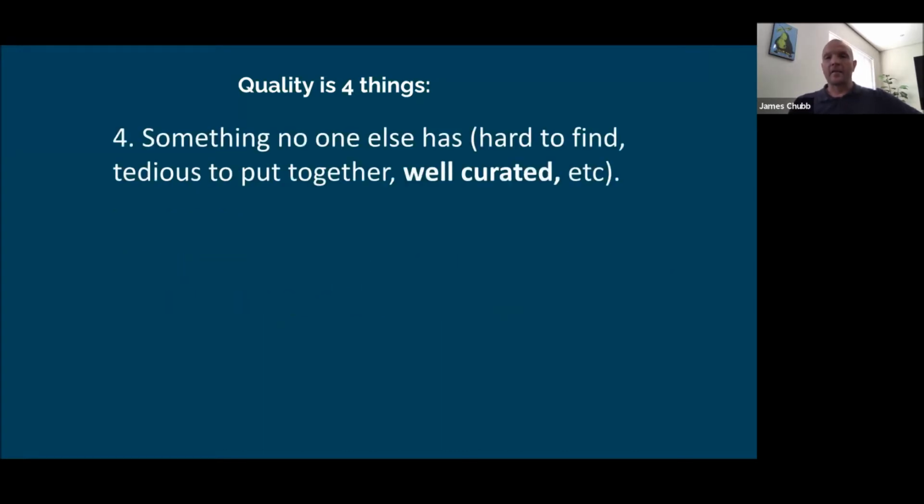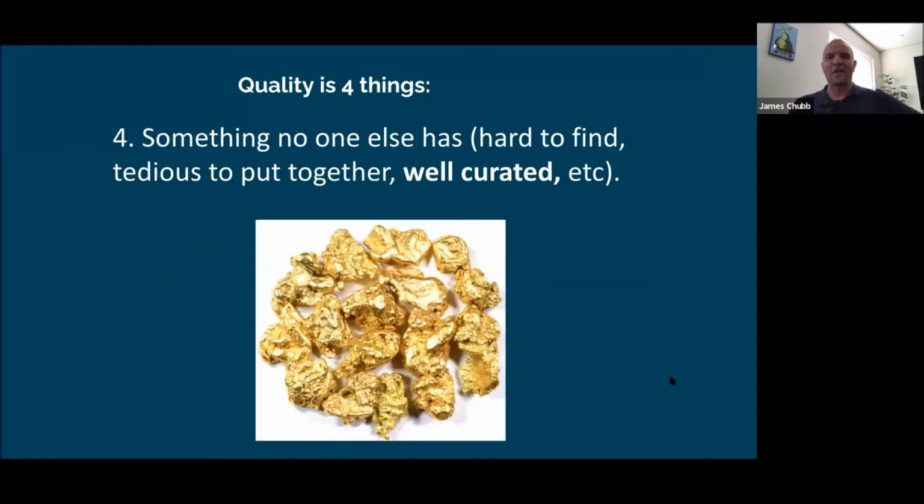And then the last thing about the data is having something that's sort of unique or that nobody else has, the gold. And so why is there value there, the data that you're providing? Is it hard to find? Was the data sort of tedious to put together? One thing that you can do that's often easier to do and that I've seen become a major competitive advantage for people is it well curated? And I mentioned that a few seconds ago.